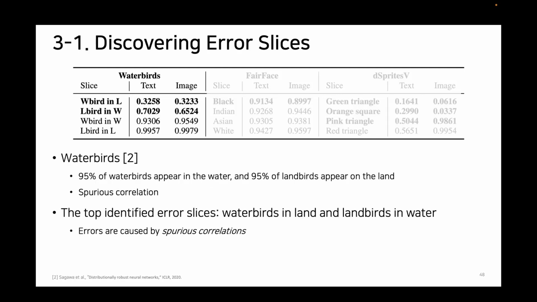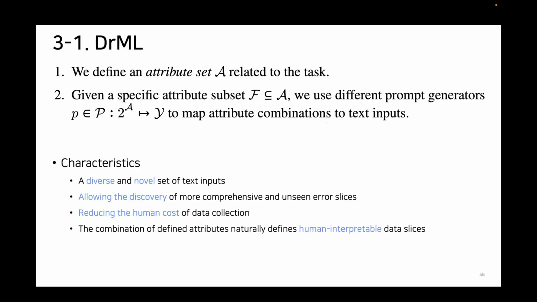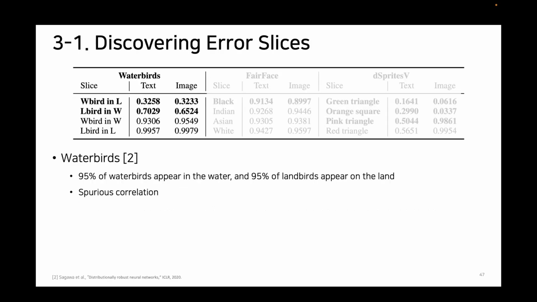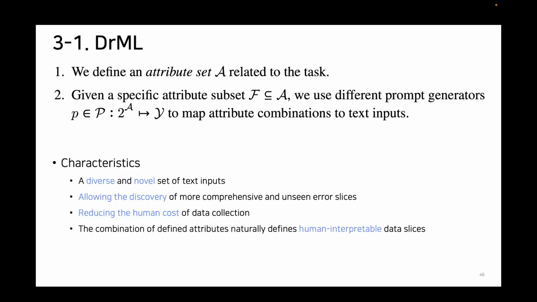Oh, sorry, I didn't get how they discovered that. How did they discover that property? The property is the top identified error slice. So what is the procedure, the algorithm, how they apply it? I think Dr. ML is a way to generate prompts in a random, combinatorial way. So we need to first define the attribute set A, and then we can randomly select the attributes.